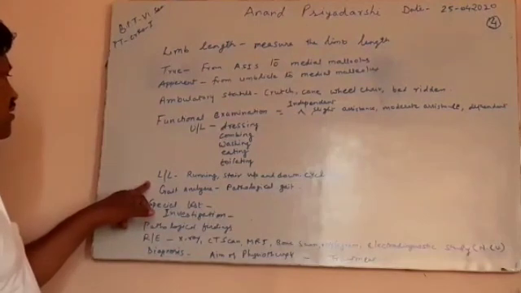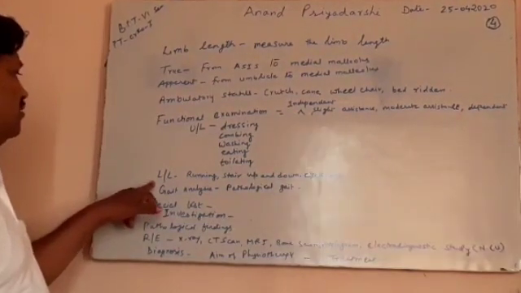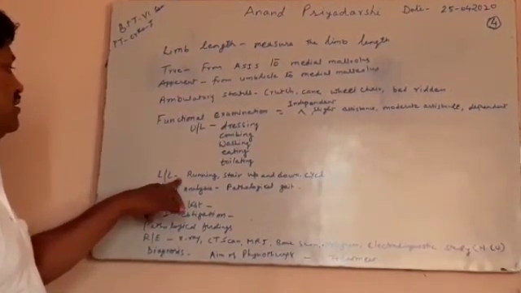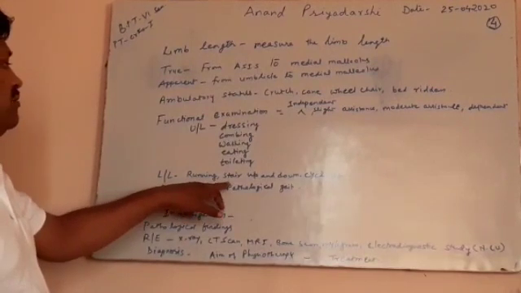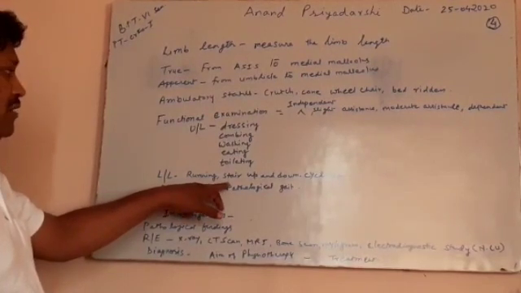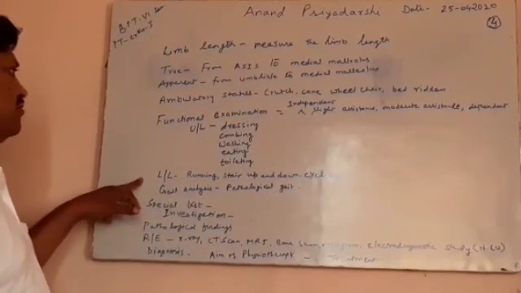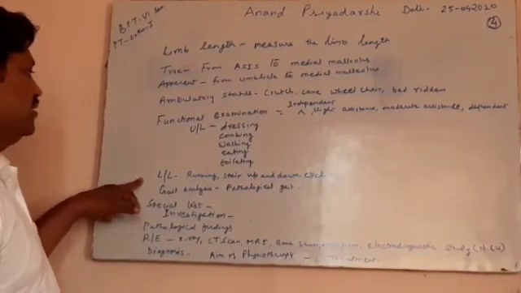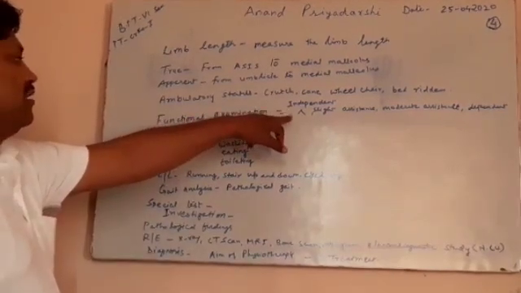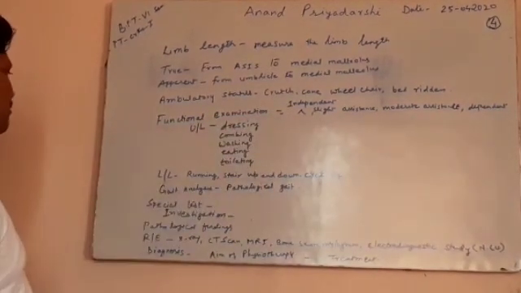Next one is the lower limb activities such as running, stair up and down, means stair climbing up and down, and cycling. These activities are also expressed like the upper limb.